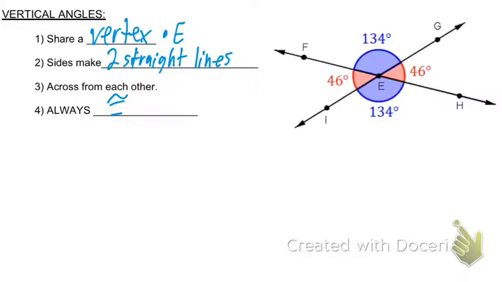And they're across from each other, not right next to each other. They're opposite, so they have to be congruent. They're both 46. Another way I like to talk about this is they make an X. Write that down, please. Do those two angles kind of look like they make an X together? If you look at the sides, kind of like you're throwing the bones.